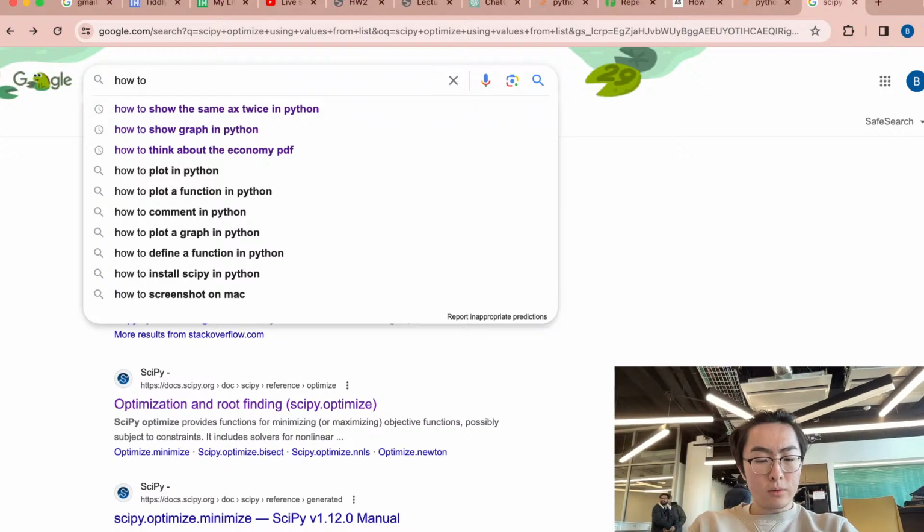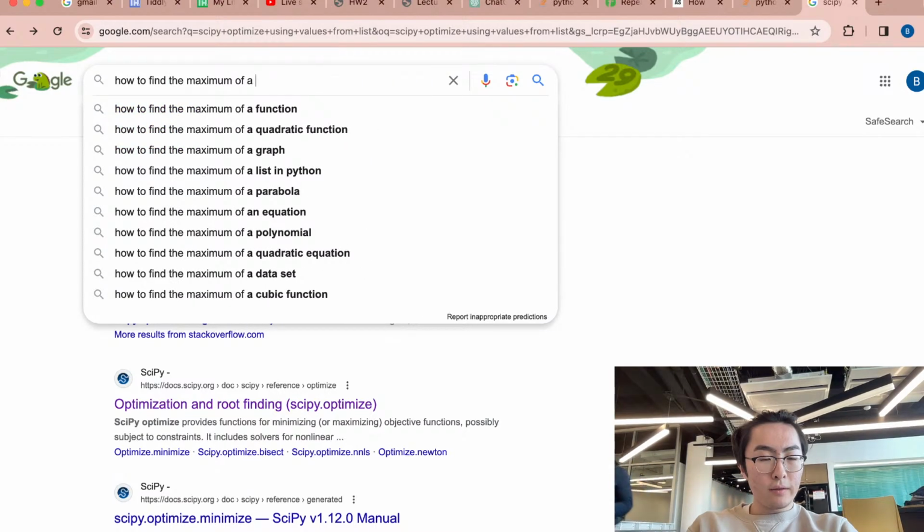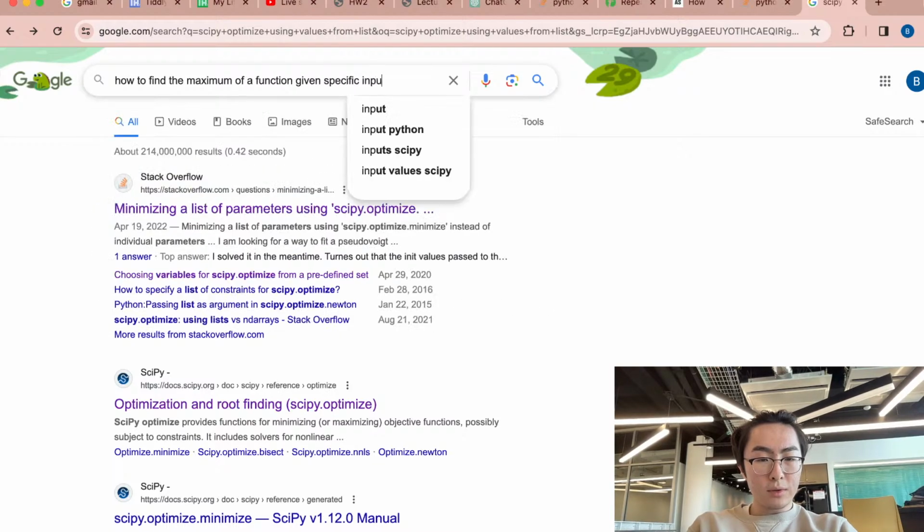How to find the maximum of a function given specific inputs, Python.